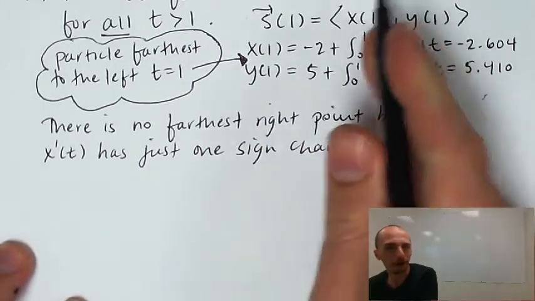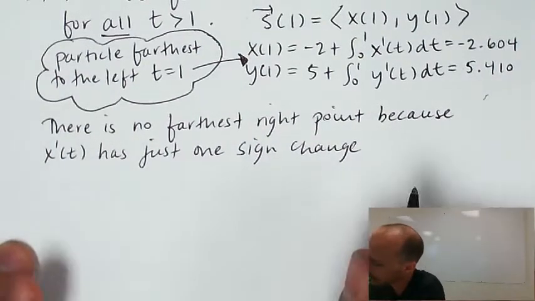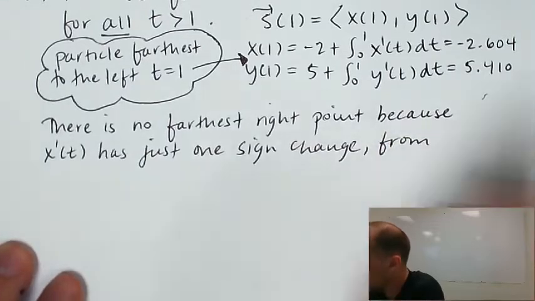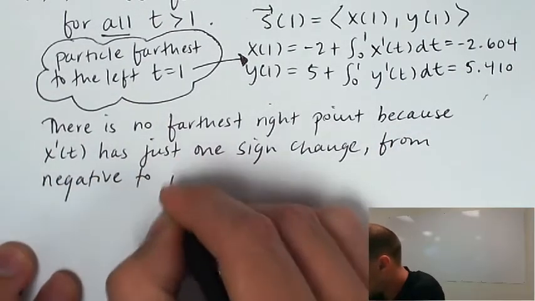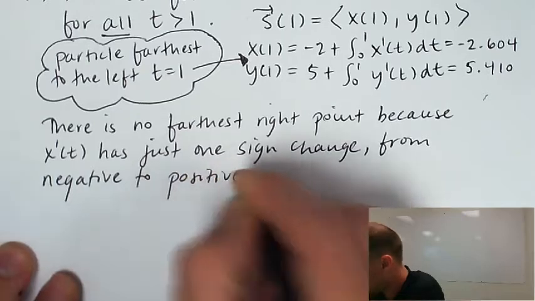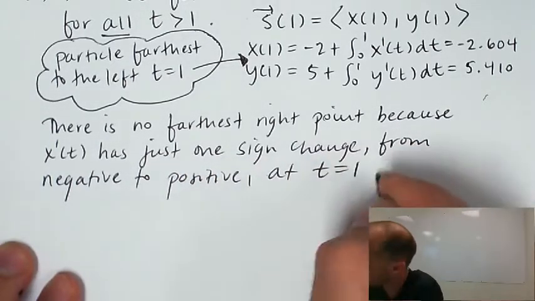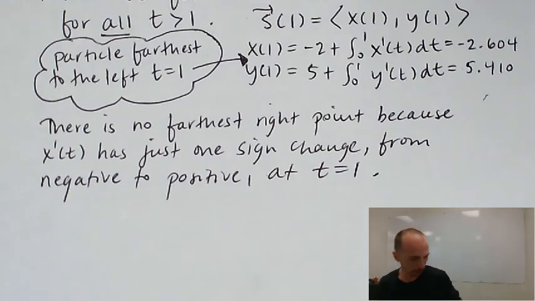Which, of course, is not really saying anything I didn't already say up there, but I'm directly answering the question of why there's no farthest right point. x prime has just one sign change from negative to positive at t equals 1. And that's going to be it. Right, because t minus 1 only ever changes sign at t equals 1, and e to the t squared is always positive. So that's what I'm going to say for that.